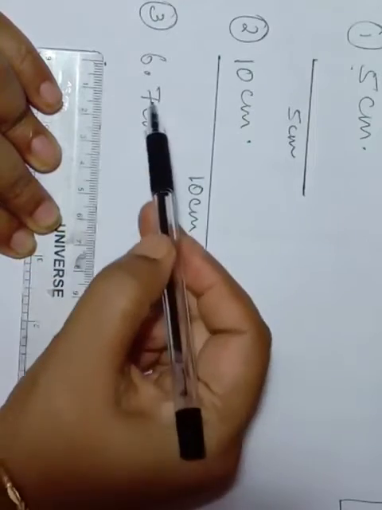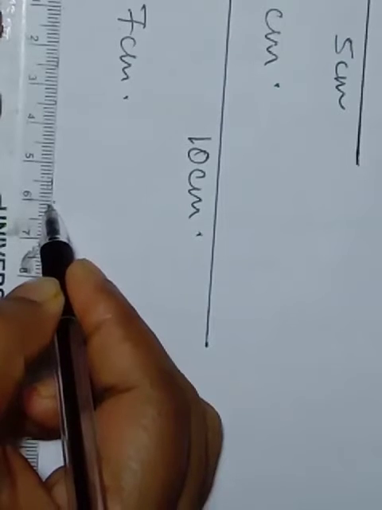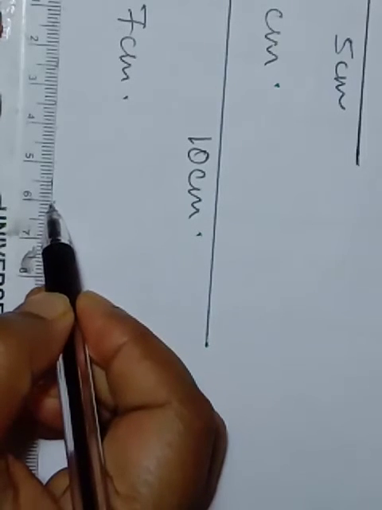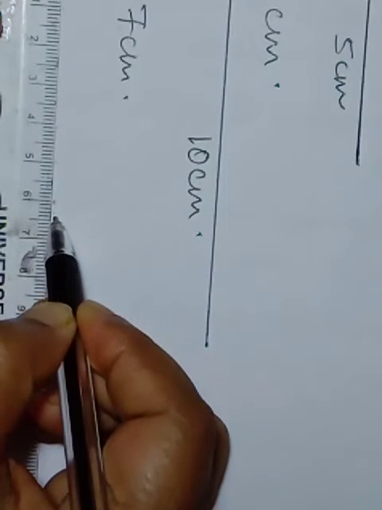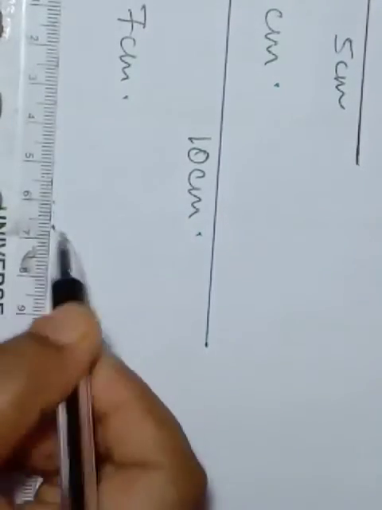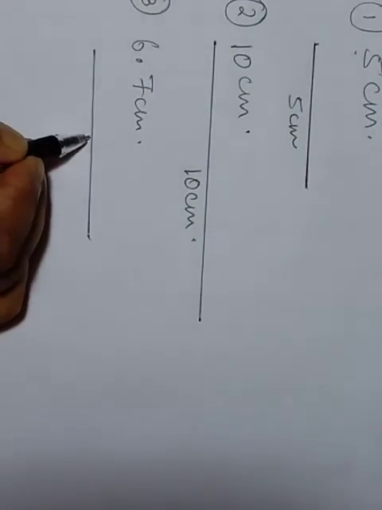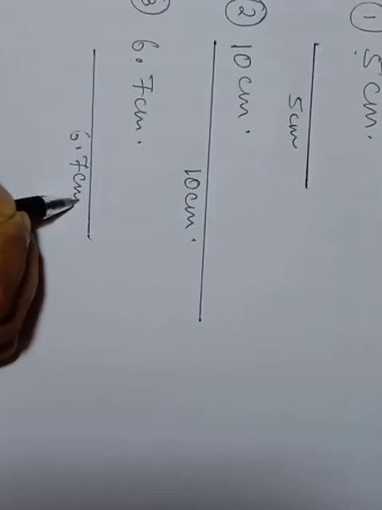After 6 we have to go 0.7. Now count the small divisions. 7 you have to count. 1 2 3 4 5 6 7. This is 7, not this 7. So now it is 6.7 centimeter.